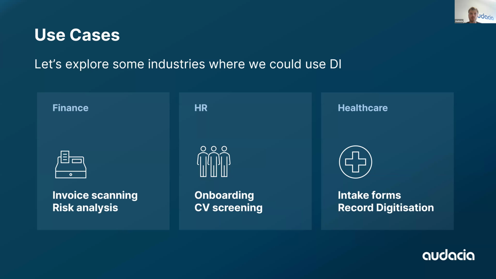The second industry that we've got is HR, human resources. The first one that I thought of was onboarding. When you join a new role, people have got to send in an ID check, so you might have a passport or an ID solely to verify who you are. This could be thought of slightly more broadly.